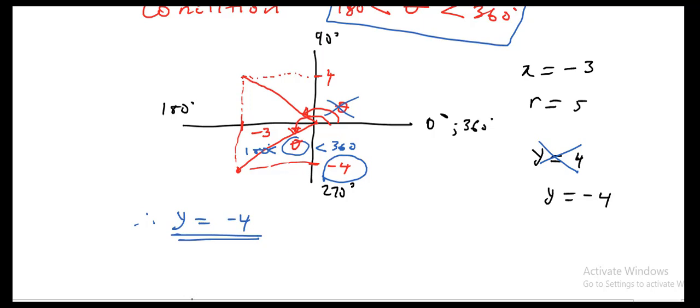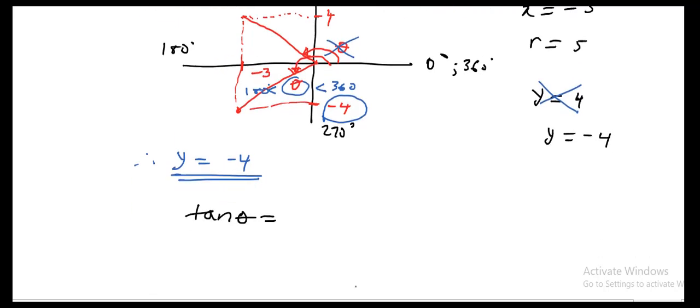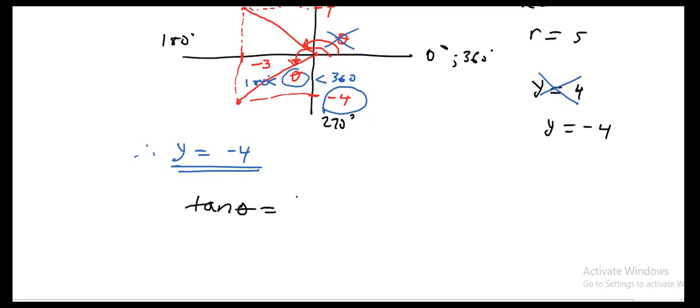Now how do we find tangent? We know that tangent is given by opposite side over adjacent side. Our opposite is y, our adjacent is x, which is negative 4 over negative 3.